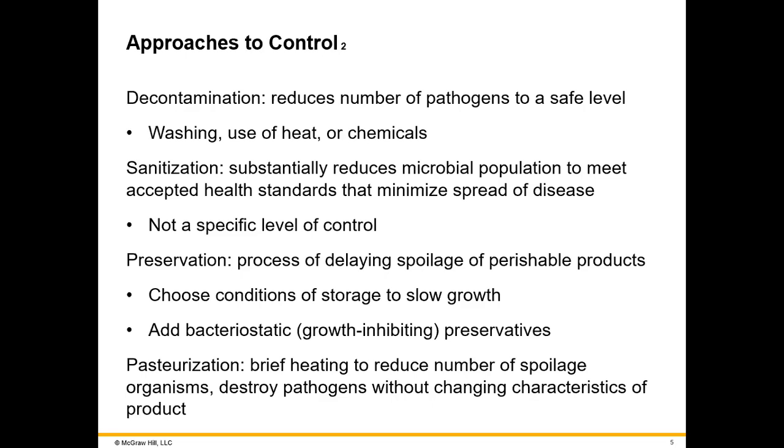And here, you may also choose conditions of storage to slow the growth. For example, the use of a refrigerator in the kitchen is a method of preservation, essentially. You can also do the same by adding bacteriostatic agents, aka a preservative.